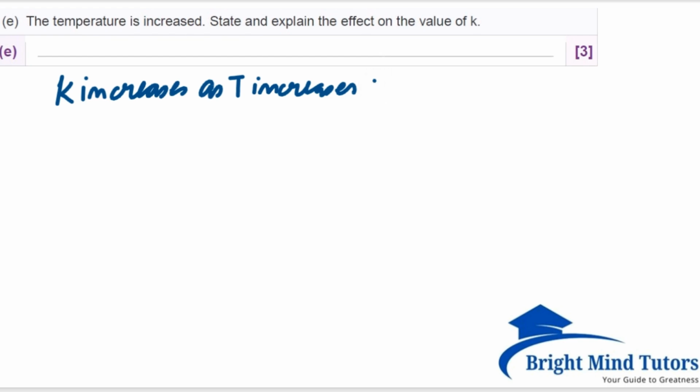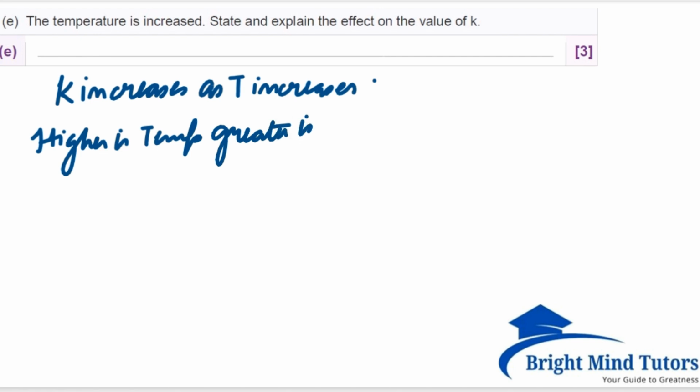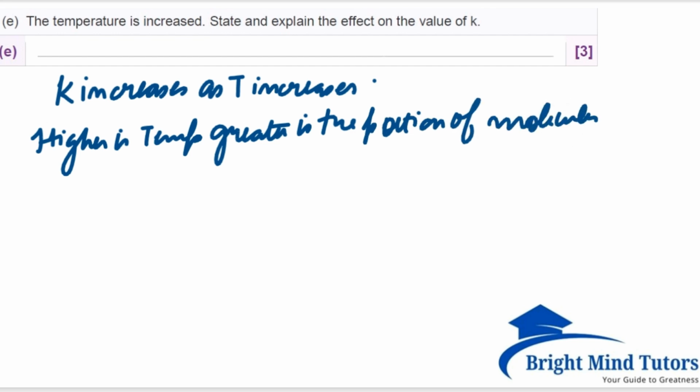Now you have to explain also why this is happening, that with the change in temperature the K value is increasing. It is because the higher the temperature, the greater is the portion of the molecules having energy greater than the activation energy.